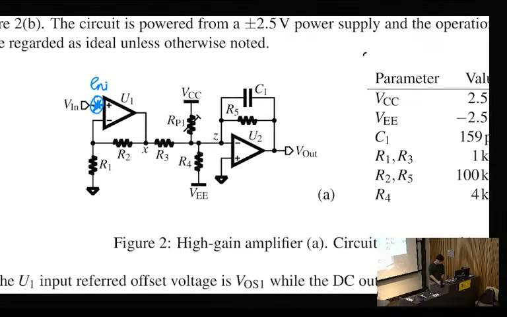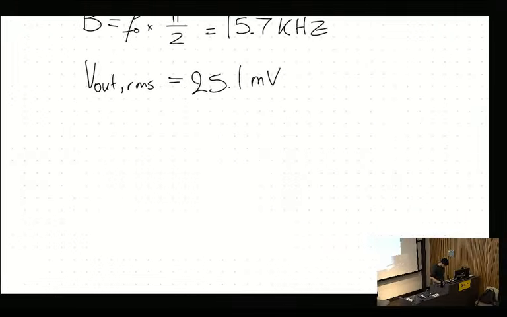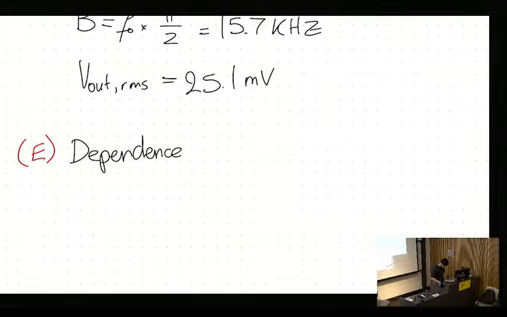So if I were to just write this, the problem we've identified is that there is a dependence on VCC. So we need to remove the dependence on VCC. How can we do that in the circuit?